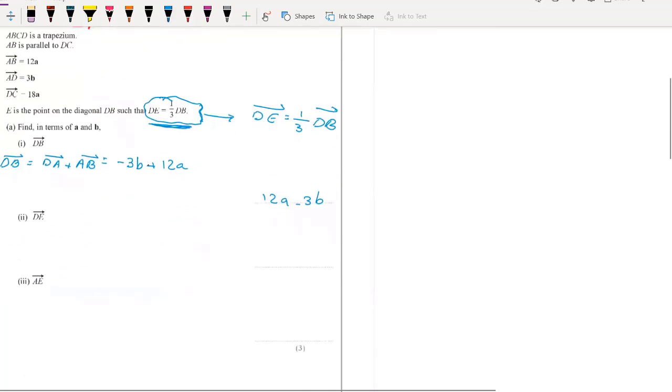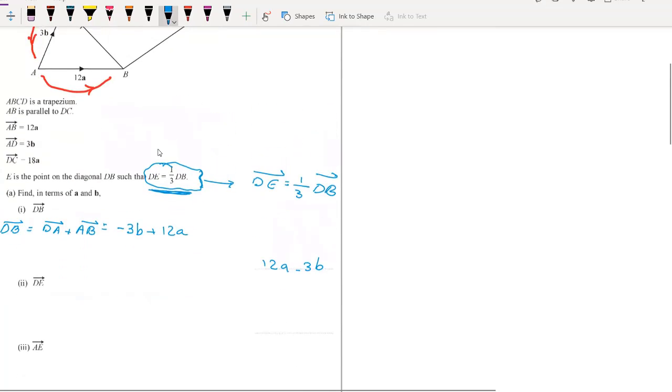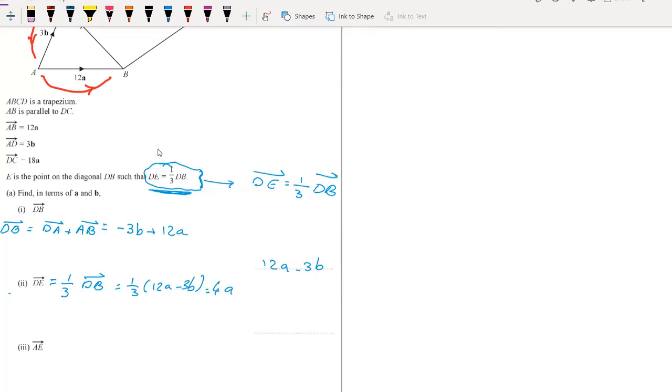Now DE vector, which is 1/3 DB vector. I previously got DB vector, so it is 1/3 multiplied by 12a minus 3b, which is equal to 4a minus b. So DE vector is 4a minus b.